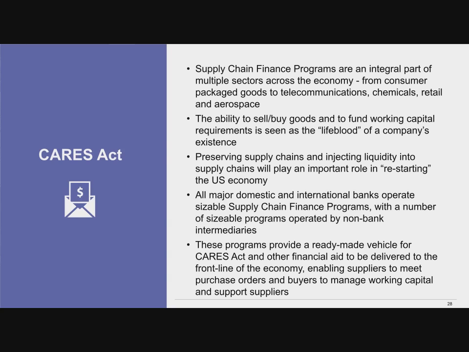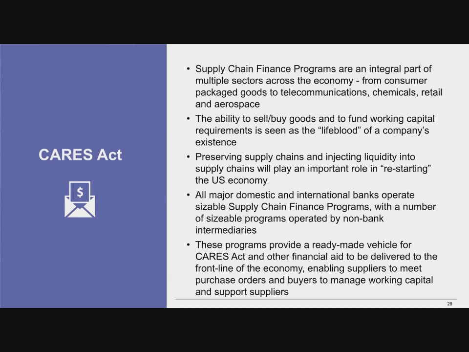So where might we get to with, for example, the CARES Act? If I step back and look at the way that supply chain finance programs operate, they're a significant part of the supply chain. They touch many different sectors, as I said before: consumer packaged goods, telecommunications, chemicals, retail, aerospace, you name it.